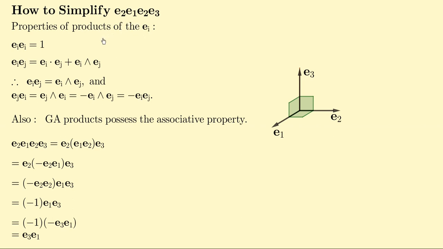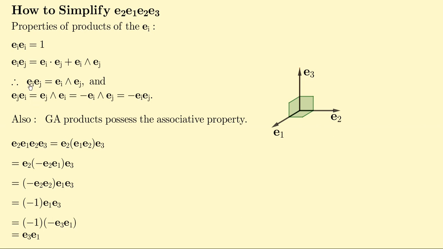these vectors. The product of any one of them with itself is 1. The product of any two of them is equal to their dot product plus their outer product, and because these vectors are perpendicular to each other, the dot product is 0. So EI EJ is EI wedge EJ.